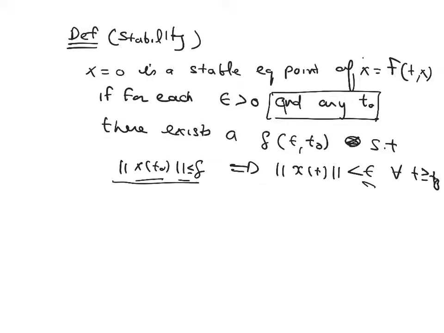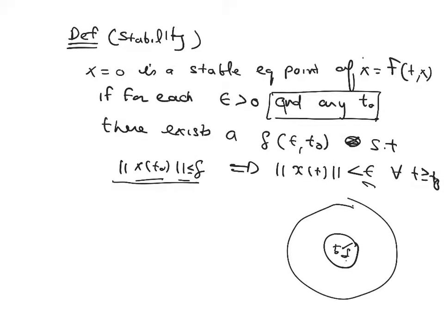Let's say I start within x0 boundary, within a delta neighborhood of x0, and when you start, the epsilon will be governed by that. So epsilon will not only be a function of delta but also t0. It's the boundary where your solution can wander. Let's say delta is the same, so x0 is within this delta boundary, then there is an epsilon boundary.